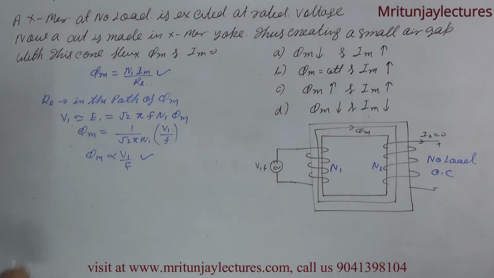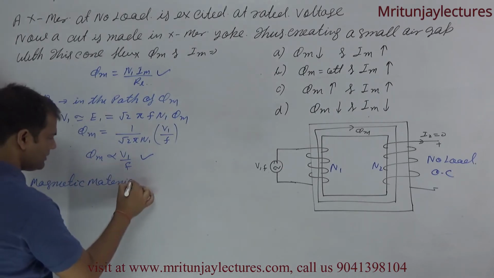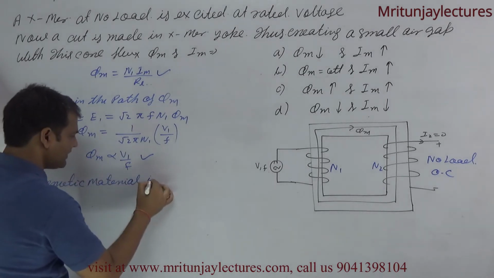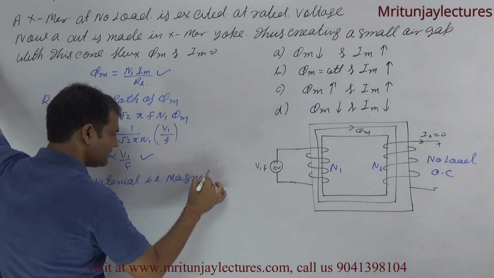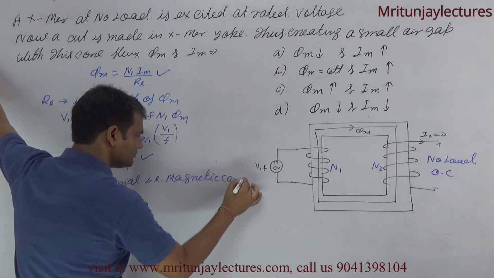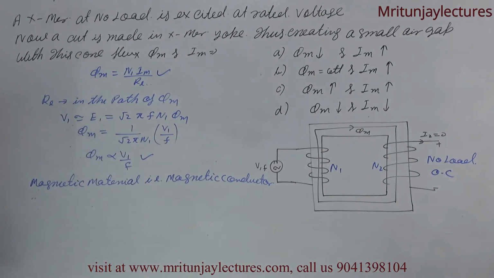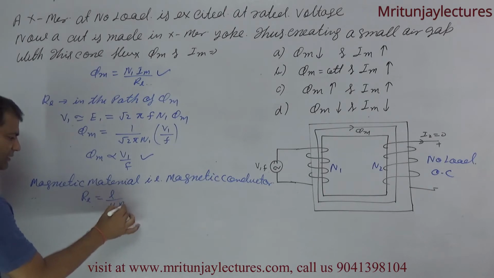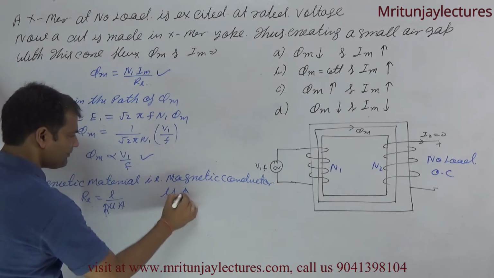Now you know that a magnetic material means a magnetic conductor. Magnetic conductor means I know that reluctance is L divided by mu into A. It means mu is higher.